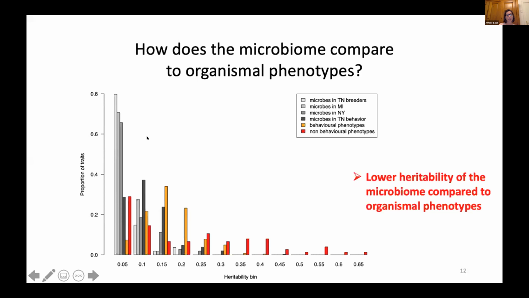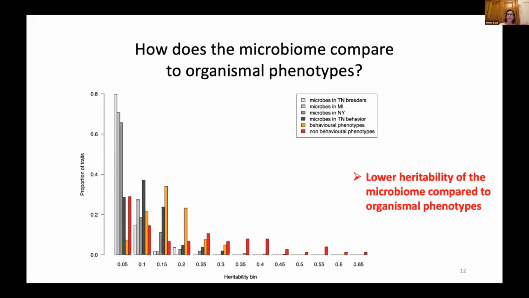And what we can see on this plot is that the microbial traits, which are in some shade of gray, indeed have lower heritabilities in HS rats than behavioral and non-behavioral phenotypes. And we do see that behavioral phenotypes, well, so interesting. I'm sorry, I think there might be sort of a swap of labels. I'm pretty sure that the behavioral are less heritable than non-behavioral.